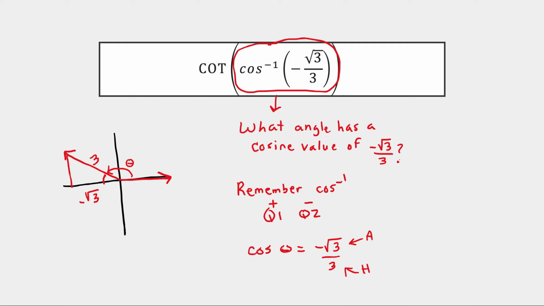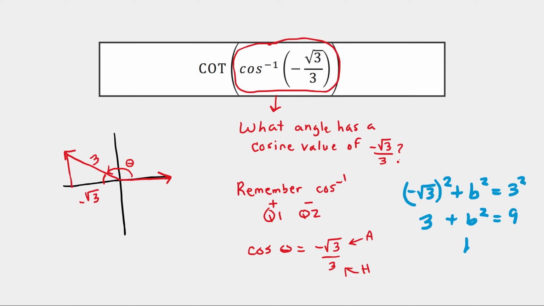All right, so just like before, we'll use Pythagorean Theorem, and that will enable us to find the missing side. So I'm going to take my negative square root of 3 squared plus the missing side, we'll call b, squared is equal to the hypotenuse squared. So when I square the negative square root of 3, that's just going to give me 3. And 3 squared is going to give me 9.